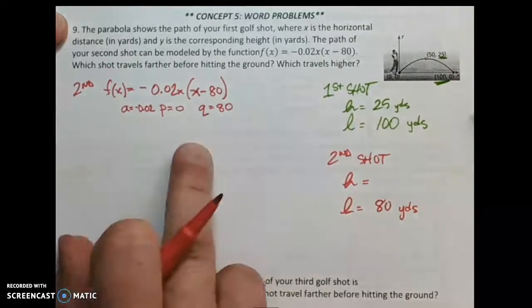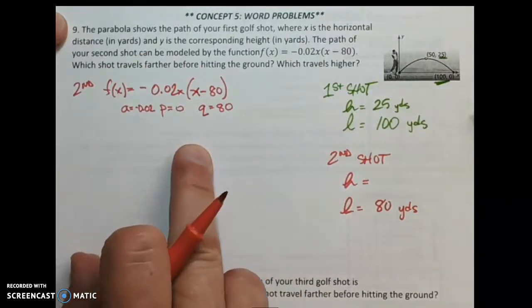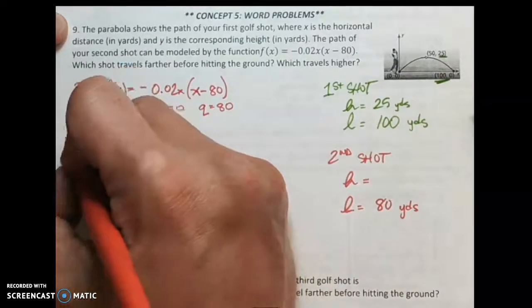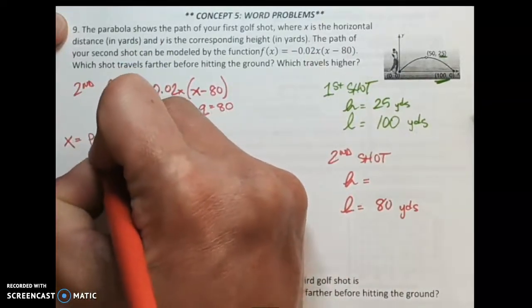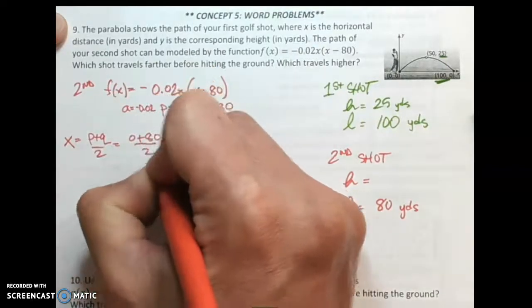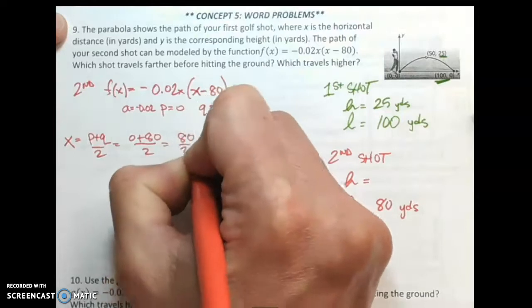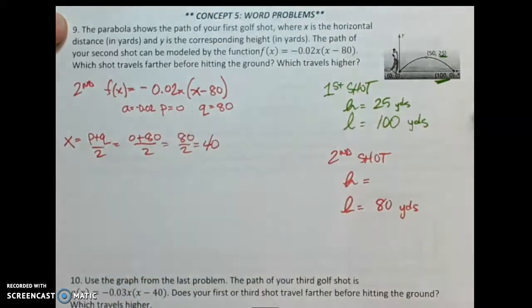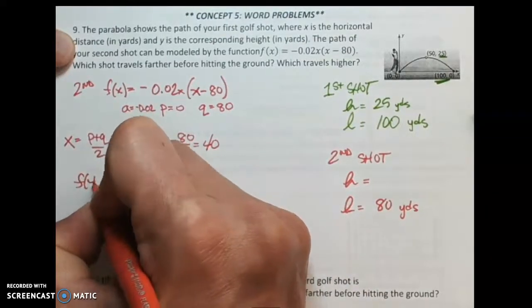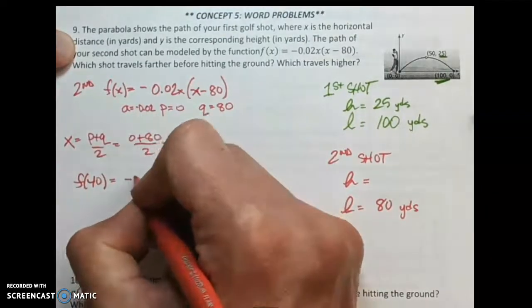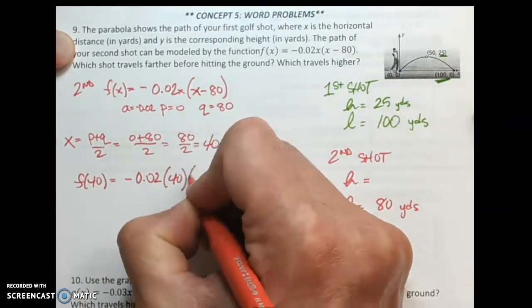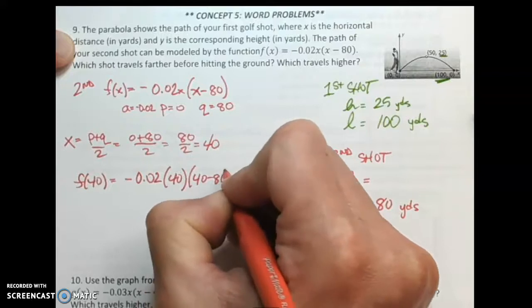Alright, how do I find the height? Well, I have to go back and find the maximum value, right? So x equals (p plus q) divided by 2. 0 plus 80 divided by 2. 80 divided by 2 is 40. And I take that and I plug it on in. So f of 40 equals negative 0.02 times 40 times 40 minus 80.